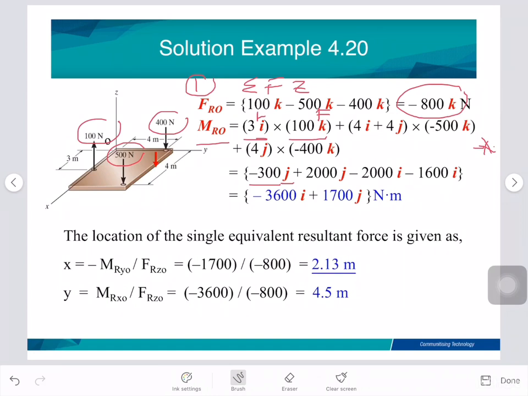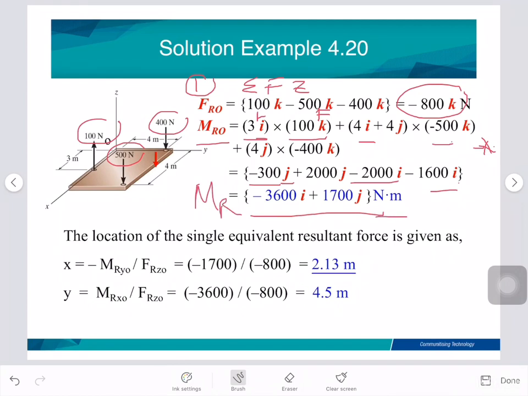Plus here 4i cross negative 500k becomes positive 200j. And then 4j multiplied by negative 500k becomes negative 2000i. And then minus this one, 4j cross negative 400k becomes negative 1600i. So this is the vector for the moment resultant.